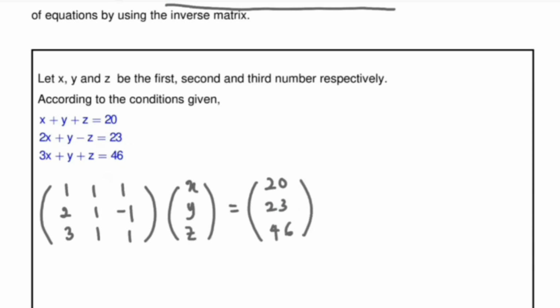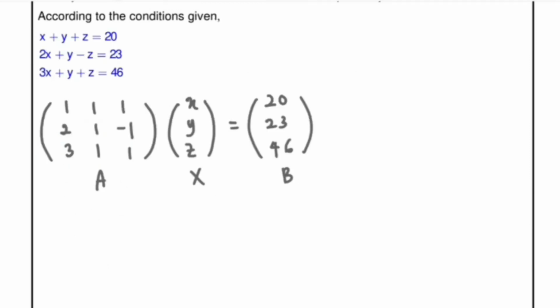We can label this as A, this is matrix X, and this is matrix B. If you have AX equals B, then we can multiply both sides by A inverse. A inverse times A will be I, identity matrix, and I times X will be X. So X equals A inverse B.